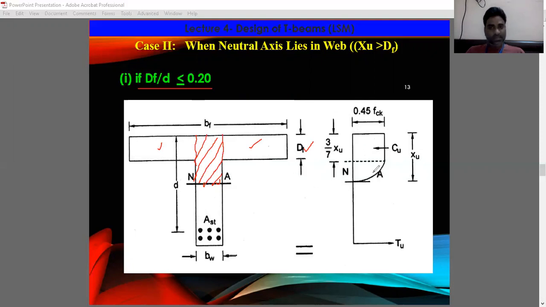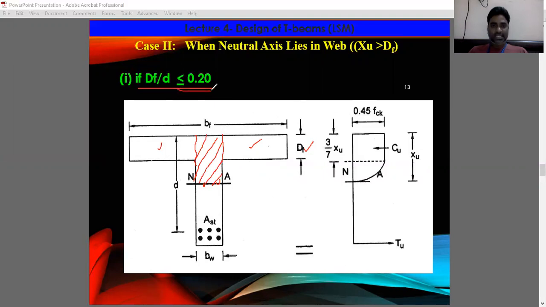This is the stress distribution block for this rectangular portion, so I can take the average stress, that is 0.36 fck into Bw into Xu. Is it clear? This is very, very important in T beams to understand the concept. If you are able to understand this one, it is very easy to design the T beams, just for design purposes.